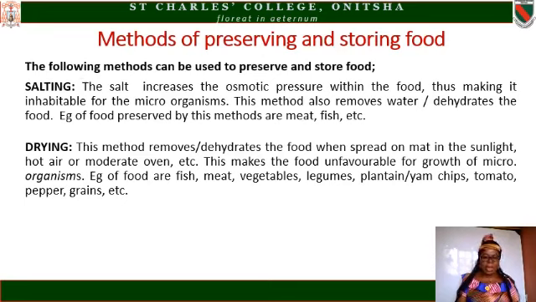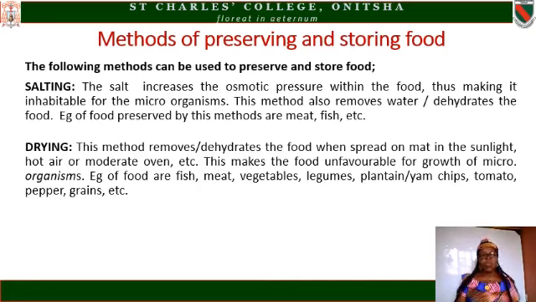We look at the drying method. In this drying, the essence is to remove excess water from the food. You dehydrate the food. You can dry by spreading your material, the crop, on the mat under the sun. You can allow hot air to pass through them. You can even dry in a moderate oven.